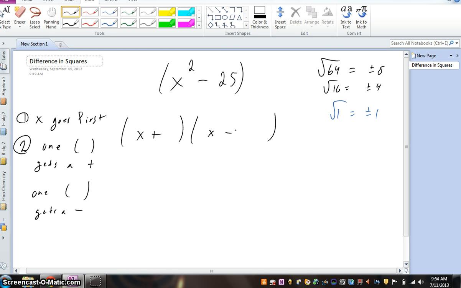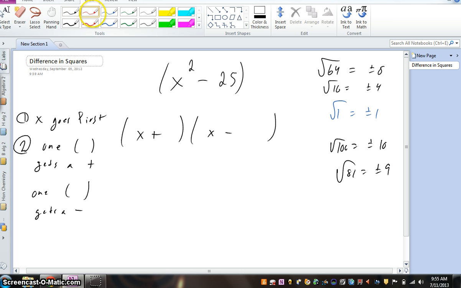We get a plus and a minus because notice over here, what do we have? Plus and minus, plus and minus. The square root of 100 is plus and minus 10. The square root of 81 is plus and minus 9. They're always plus and minus, which is why we get a plus and minus. Now, the next step is even easier.